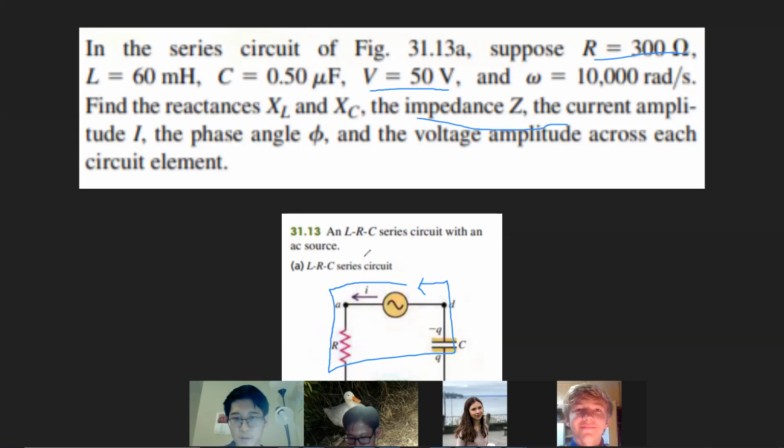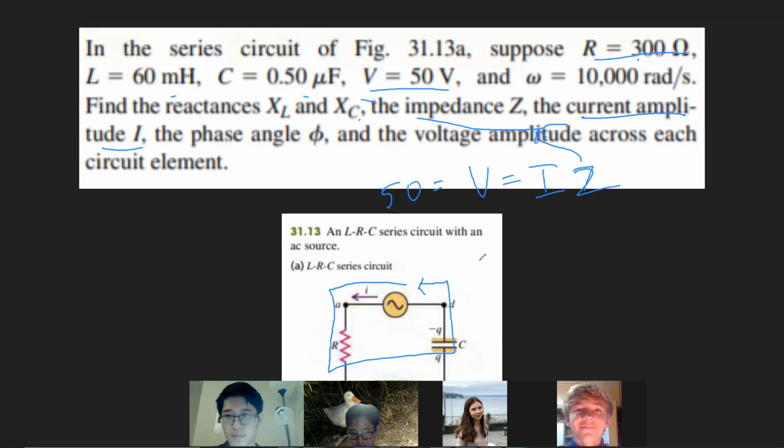So how you find the current amplitude is, remember, V equals I times impedance. V in this case is 50, I is what we're trying to find, and Z is what we calculated right here. And Z is pretty easy to calculate. You just plug in directly XL, XC, and the resistances. Does that make sense, Domin?